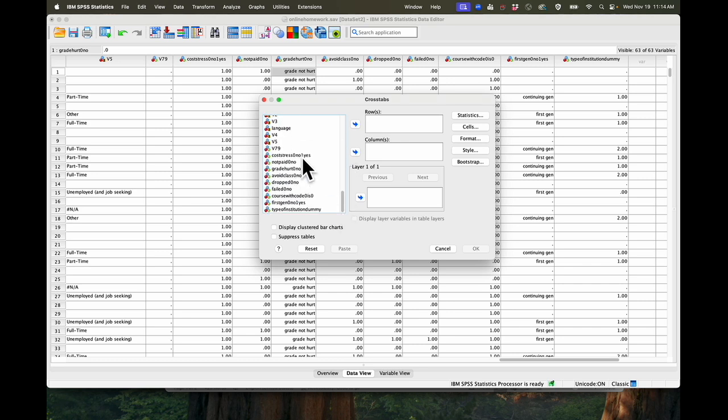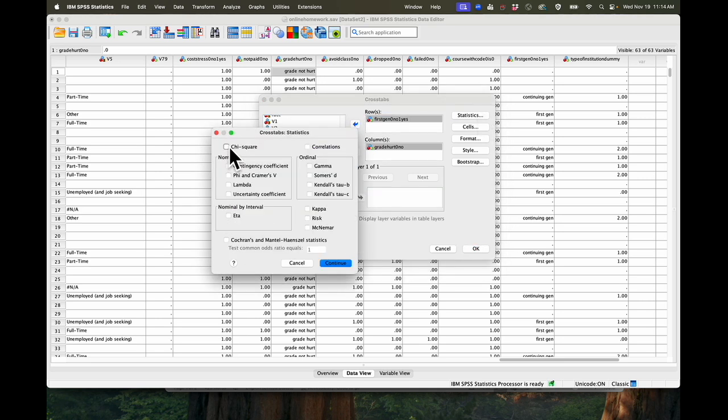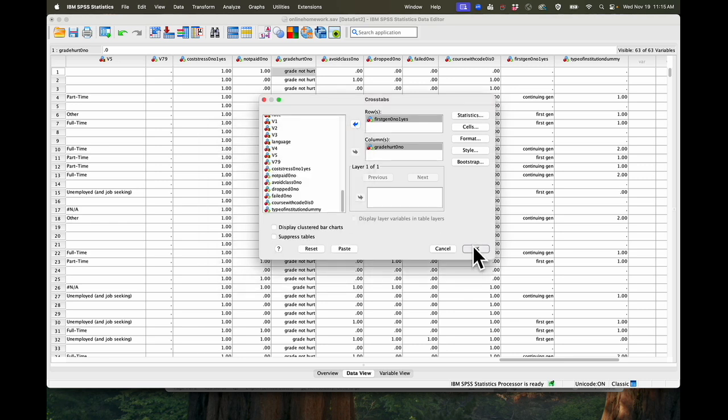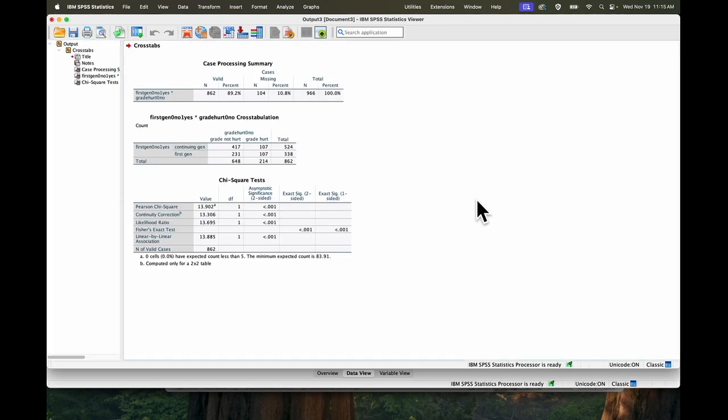So I'm going to do grade hurt, yes, no, in the column, and I'm going to put the first generation yes, no in the rows. There it is. And then I'm going to click on Statistics and click on chi-square so I can get the statistics reporting. I don't need to worry about these other ones. Click continue and then click OK.